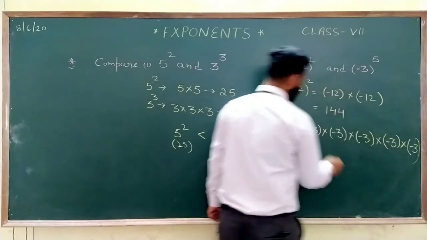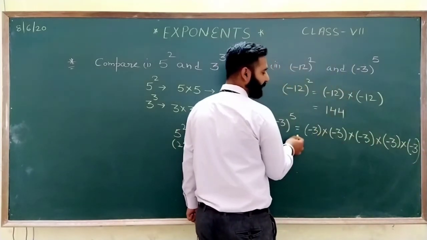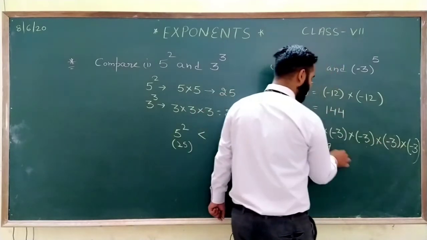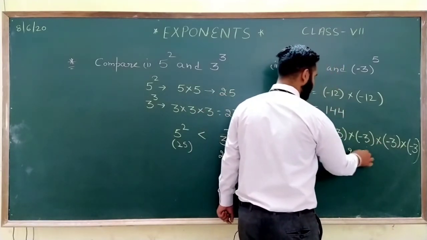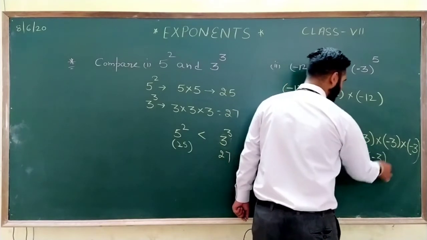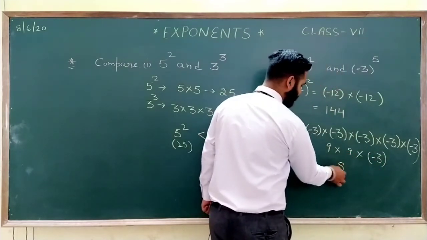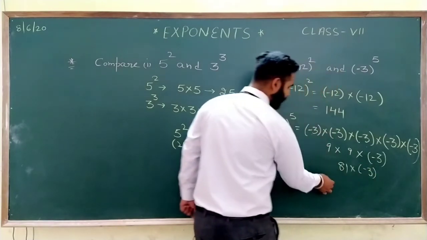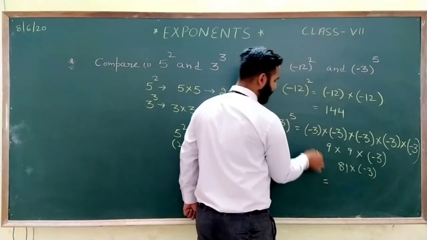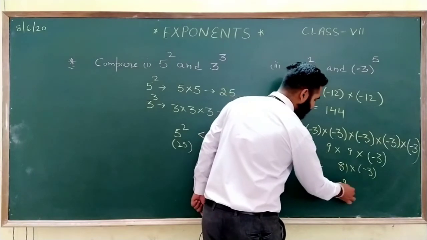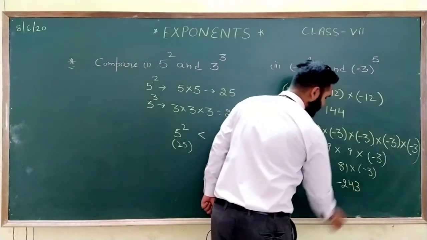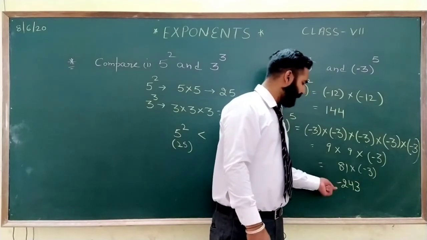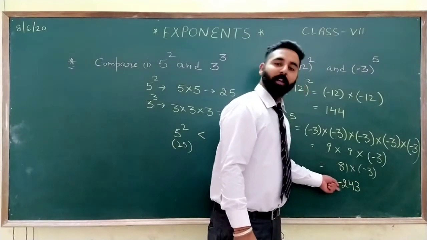Minus 3 multiplied by minus 3 becomes 9. Minus 3 multiplied by minus 3, again 9, but multiplied by minus 3. 9 into 9, 81, multiplied by minus 3. So in the answer, you will get minus 243. Because you are multiplying two integers with different signs, the answer will come in minus.